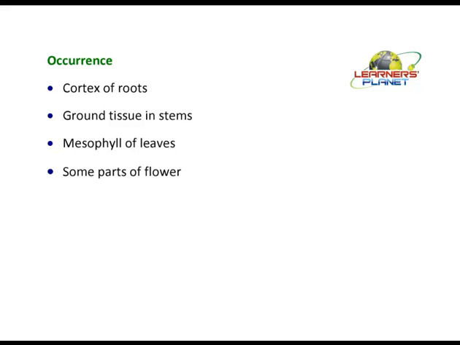For example, it is present in the cortex of roots. You know what the cortex of roots is? If we compare the TS of a leaf, if you just assume the cortex of this thing, then we can say it must appear something like this. If this is a TS, then we can say that they are having different regions here. In the center part, there is what?